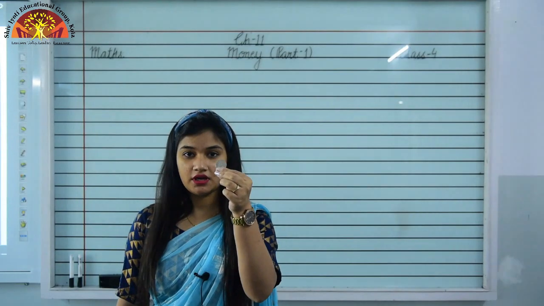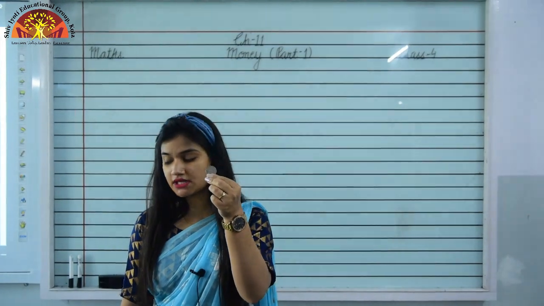Now I am taking a coin of 50 paisa, and one more coin of 50 paisa. So 50 paisa and 50 paisa will become 100 paisa, and 100 paisa make 1 rupee. Is it clear? What did I say? If I take 100 paisa, it will become 1 rupee.